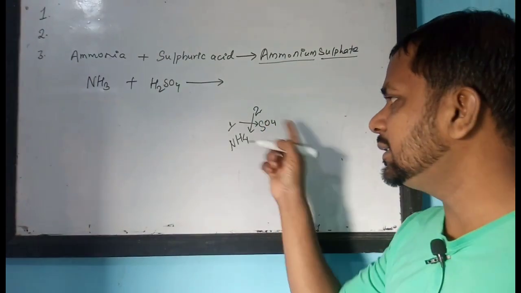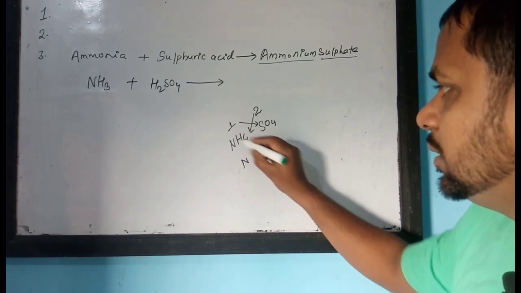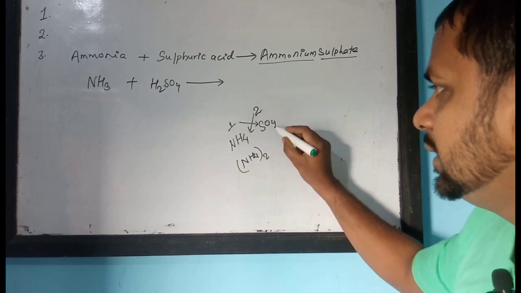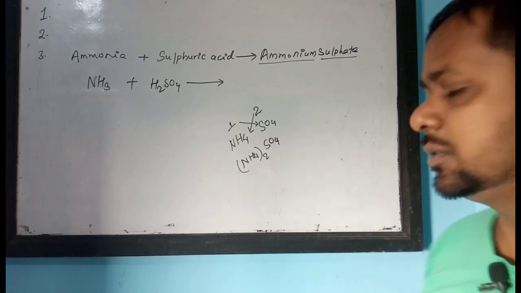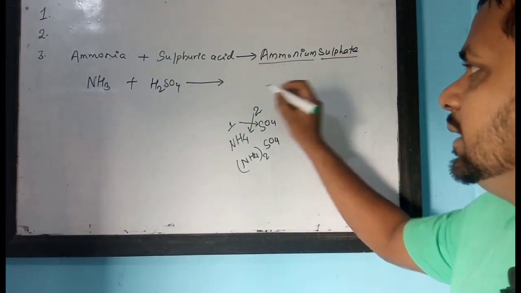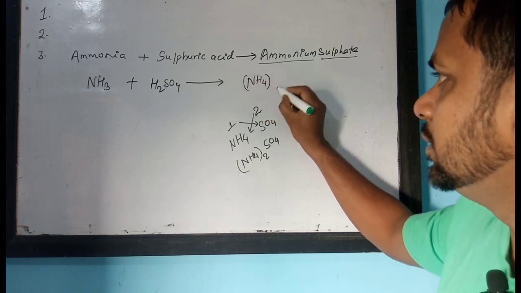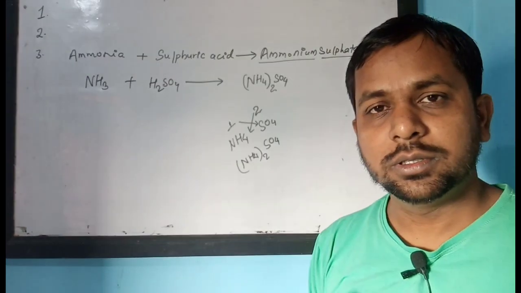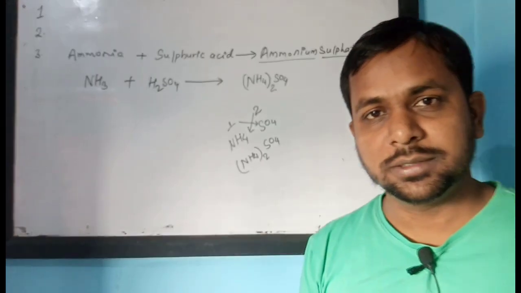When you do the crisscross, this 2 is coming to this whole, so NH4 whole 2, and this 1 is coming, then 1 does not matter, so we can directly write SO4. The molecular formula of ammonium sulfate is NH4 whole 2 SO4. Now this has become the formula equation.